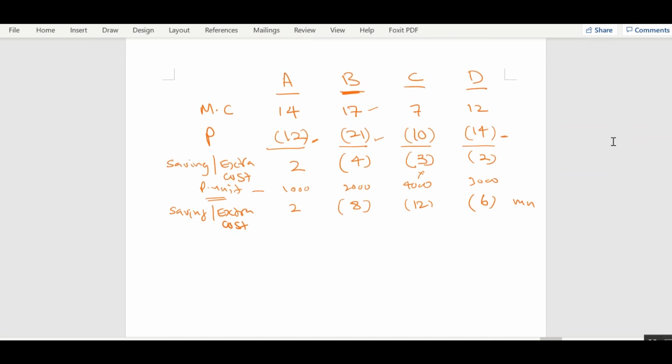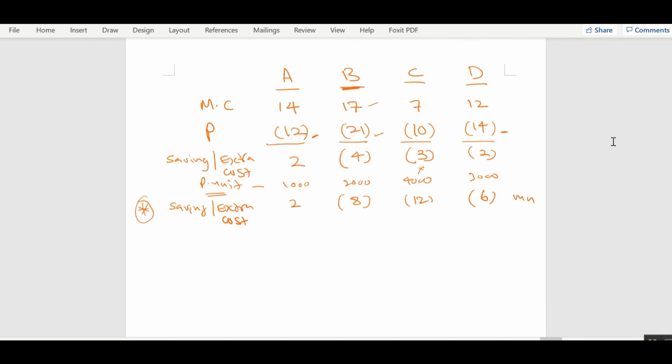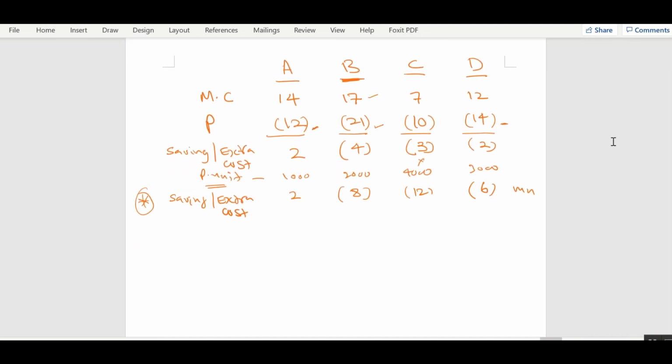So can we make a decision based on these savings and extra costs? No. There is an opportunity saving from the directly attributable costs related to manufacturing.